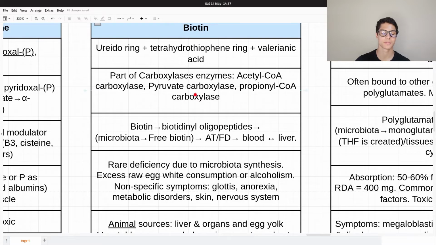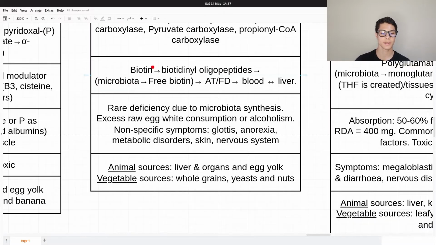All these enzymes, I talked about them in my metabolism series of videos. Biotin gets converted into biotinyl oligopeptides, and then the microbiota also creates free biotin.